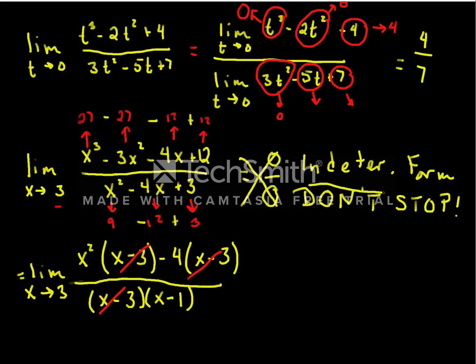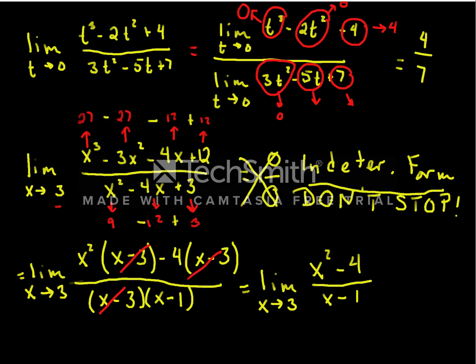I've got indeterminate form, I want to look for canceling. And I got it. So this is the limit as x approaches 3 of x squared minus 4, and on the bottom, I have x minus 1.